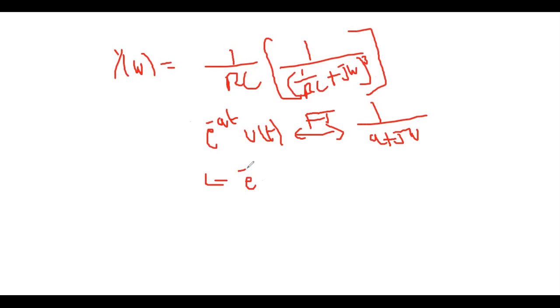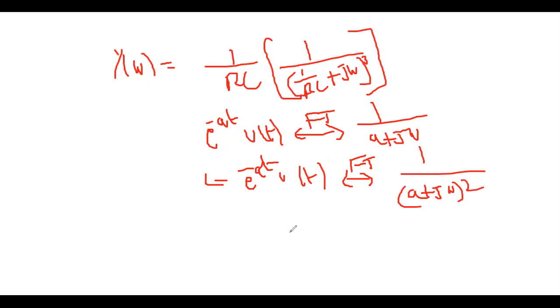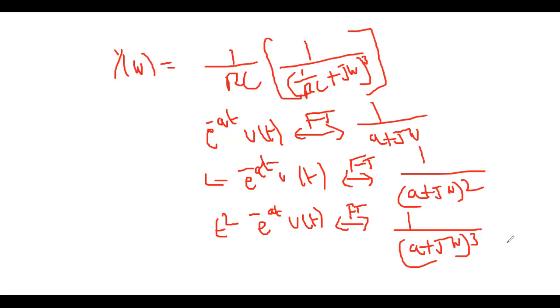The Fourier transformation of t into e power minus at mu of t is 1 by (a plus j omega) whole square. If it is t square e power minus at mu of t, what is the Fourier transformation? Again it is another power, the cube, of a plus j omega.